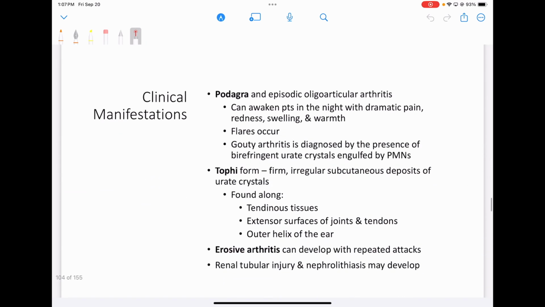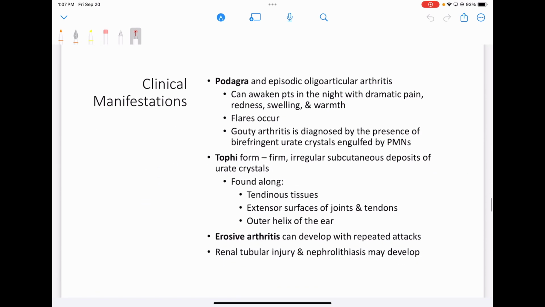Okay, so clinical manifestations: podagra, one site of the arthritis, can waken them up at night. Flares do occur. And you can develop what's called gouty arthritis if they have birefringent urate crystals.